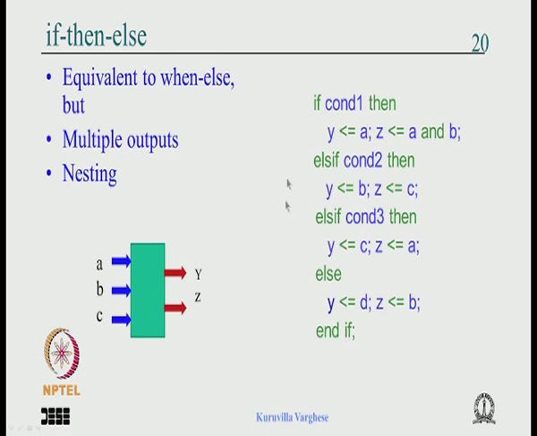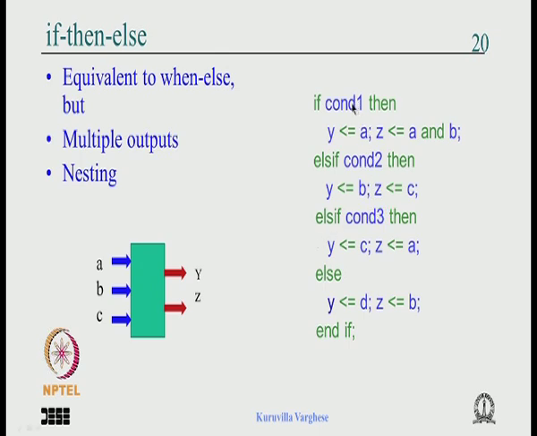So this shows you that you can specify multiple outputs using this same if, and the equations are similar. You know how to work out the equation; there is no great complexity as far as the equation is concerned.